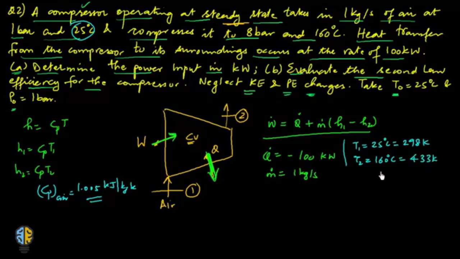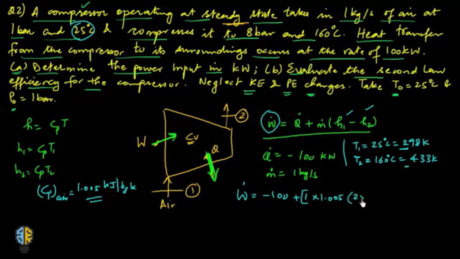T2 is 160 degrees Celsius, which is 433 Kelvin. So to find the work input to the compressor, W dot is equal to minus 100 plus 1 into 1.005, in a bracket, into (T1 minus T2). There's no need to change the temperature into Kelvin, because it is a difference of two temperatures, so it will be the same value.